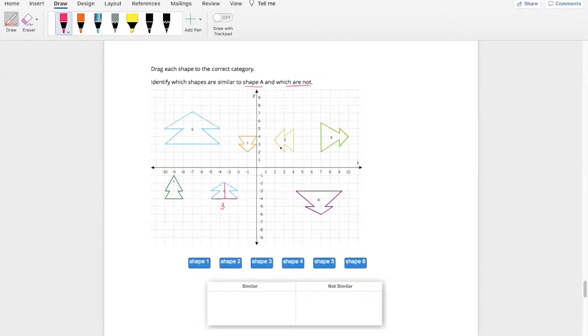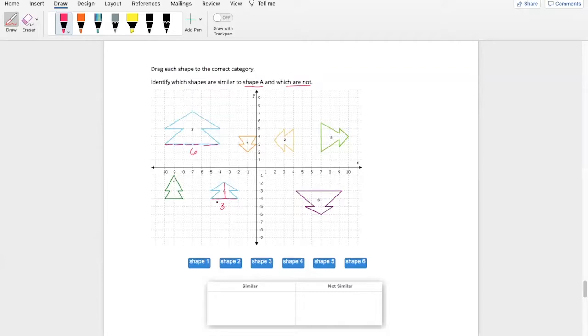Let's see, we got 2, 3, doesn't look. All right, let's start with this one here. Start with 3. 1, 2, 3, 4, 5, and 6.